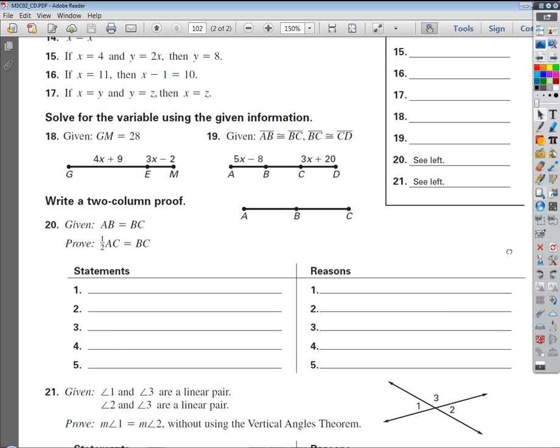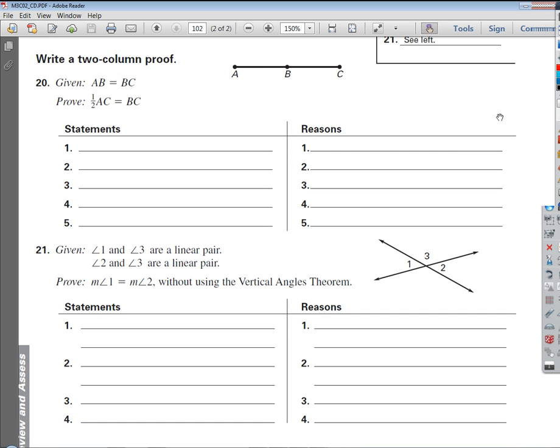So let's look at the proof. Couple things on the proof. I can give you some strong advice on the proof right away. You don't necessarily have to use 5 steps.